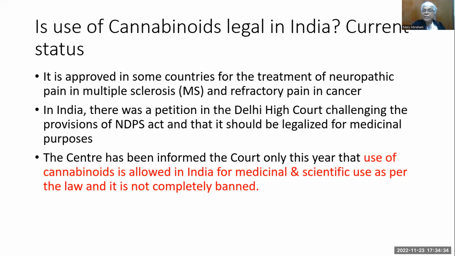But they say that it should be legalized for medicinal purposes. That was a petition. And the central government has informed the court just this year in January that the use of cannabinoids is allowed for medicinal and scientific use as per law, and it is not completely banned. So that is the current scenario.